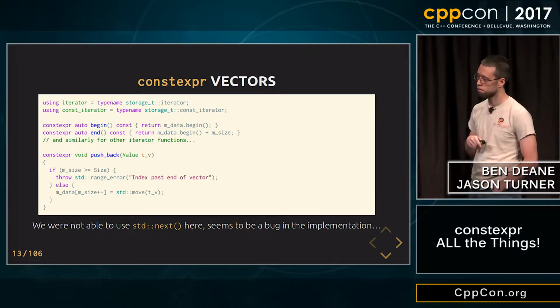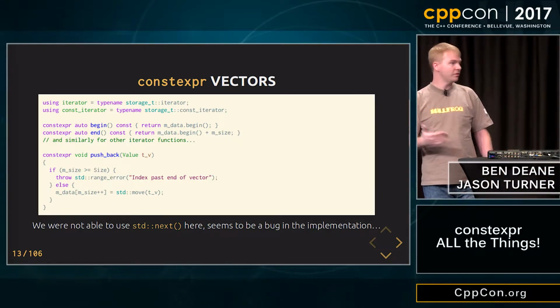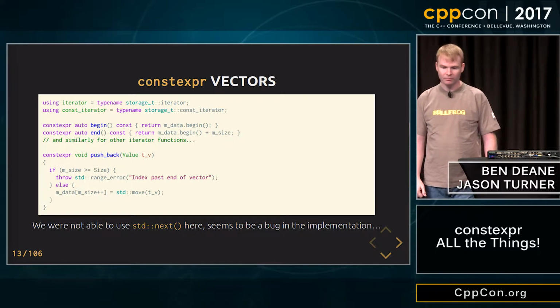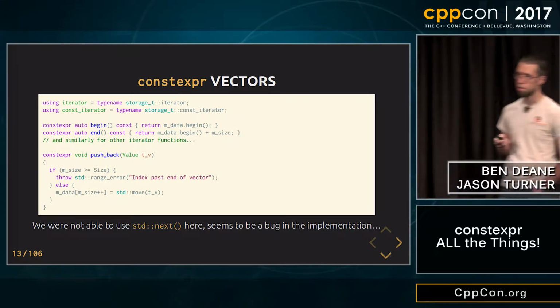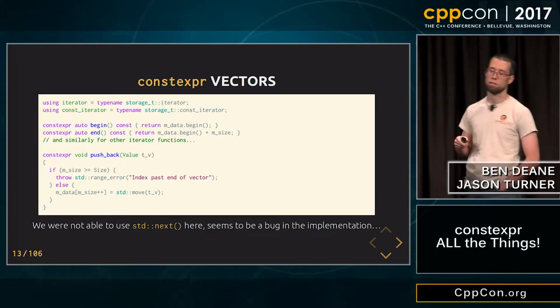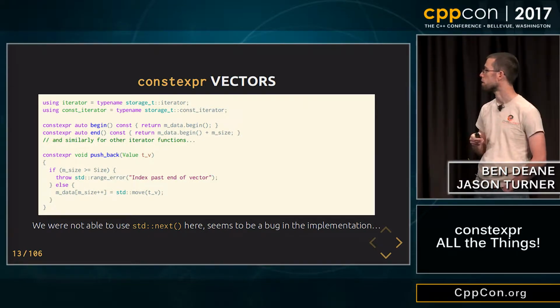In fact, if you didn't have the throw there and you went beyond the array size in the constexpr context, you would still get a compile time error, because if you try to index past the end of an array in a constexpr context, you get a compile time error. But this allows us to work with it both in a constexpr and runtime context, possibly.